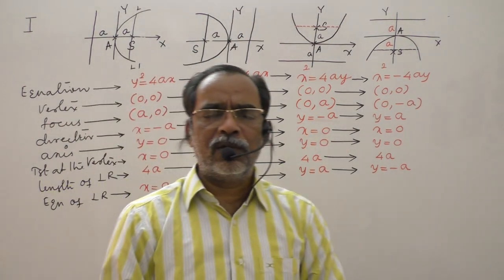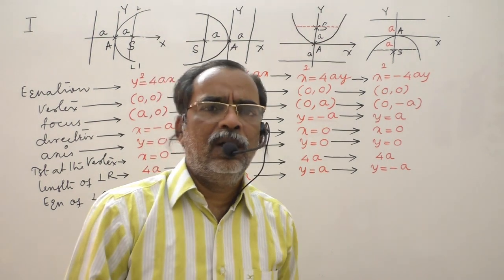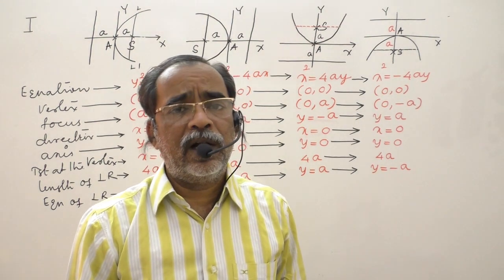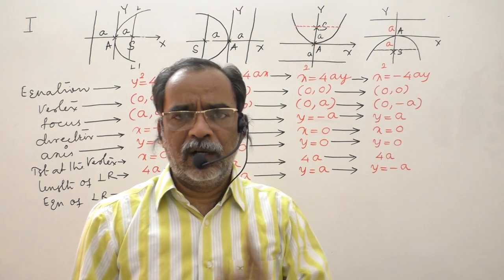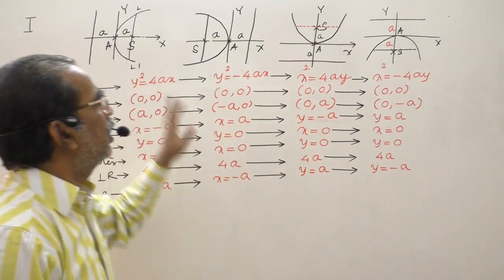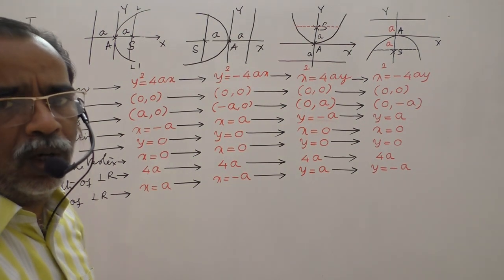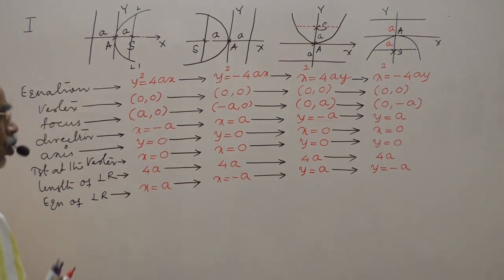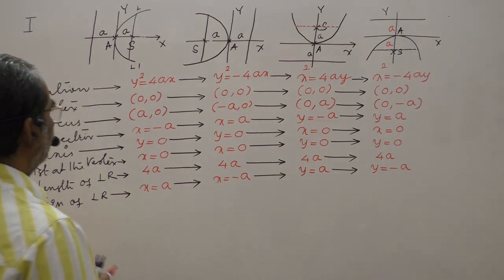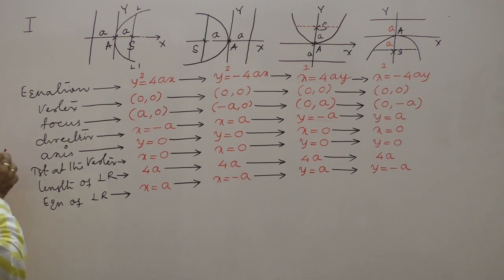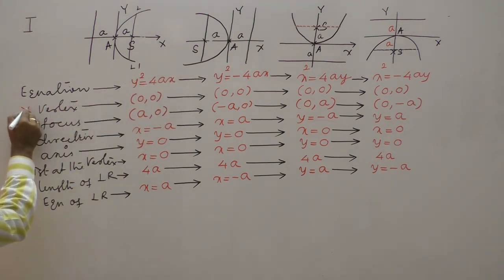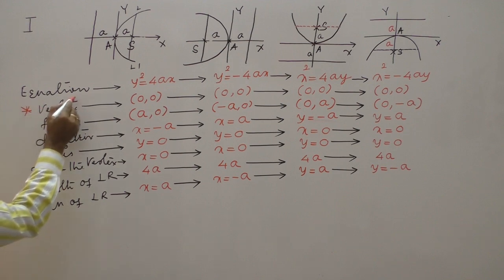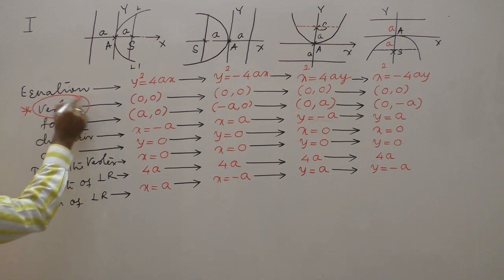These four forms of a parabola are known as standard forms. We have taken this as set 1. In set 1 there will be 4 parabolas. So how to identify these? These are important for all the 4 which are in first set. Their vertex will be origin.